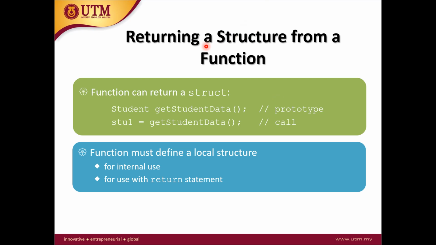And returning a structure from a function. So any function can return a structure, but the type of the function must be a structure type. So this is a structure, and this is going to be the function to be applied on that structure, and we are calling that function to be applied on that structure variable. Okay, so we can use it for internal use or for use with the return statement whenever we are returning a value from a function.